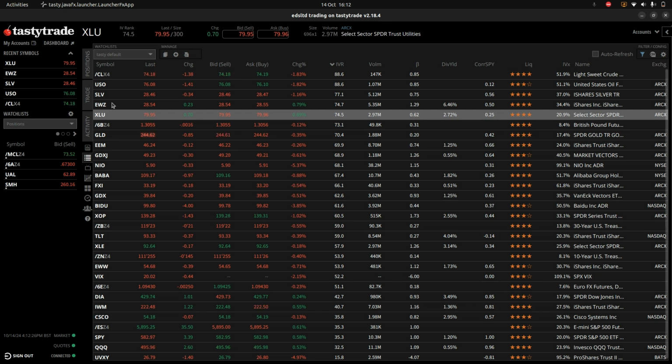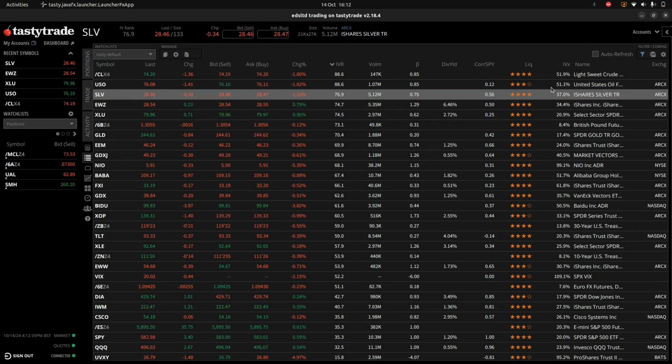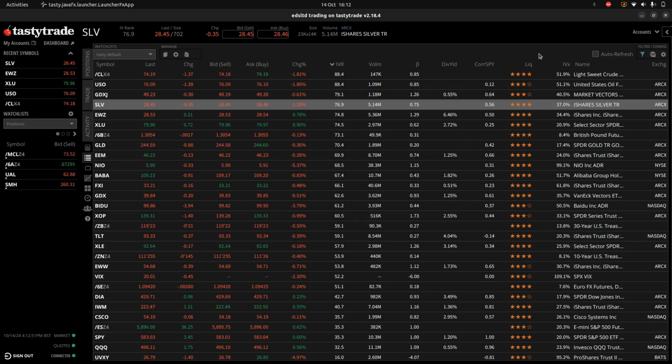Whereas if we look at EWZ, basically the same IV rank, but its absolute IV is 34.5%. And with SLV, pretty much the same thing on the IV rank, but the absolute IV is 37%. So you want absolute IV to be nice and high as well as the IV rank, because the higher absolute IV is, the more premium you'll be able to collect on the position, but then also the more volatile that position will be. So you'll need to find where your risk tolerance is.